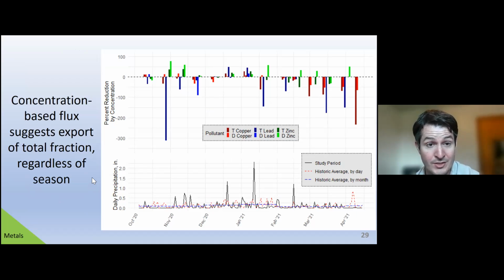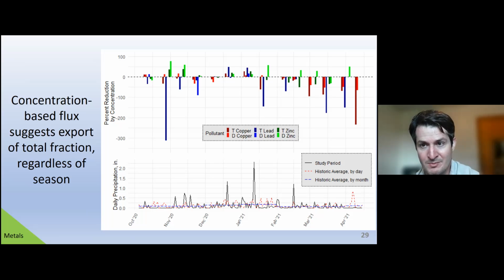So here, this is concentration-based reductions for these different metal species, comparing them to daily precipitation. This shows, to me, the most interesting story that matches with the mass-based reductions: this February event when we had that big ice storm. It just seems to reset and shock everything into this new normal.